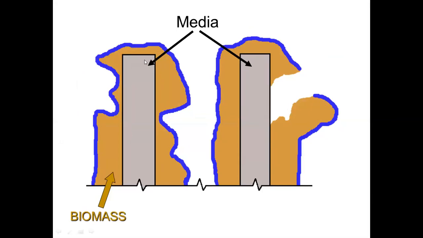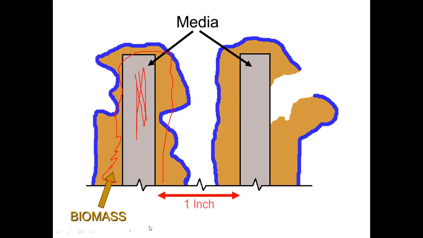So this is the contact disc. Then biomass is grown on the disc. Biomass, it looks like that. Between two discs, there should be at least 1 inch of space.